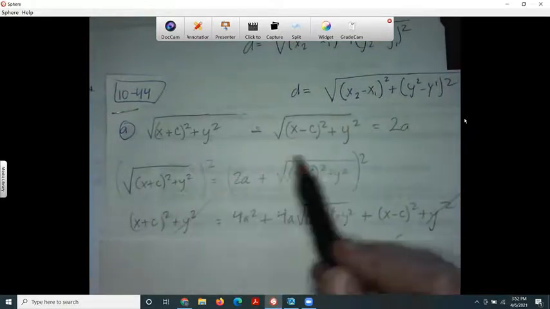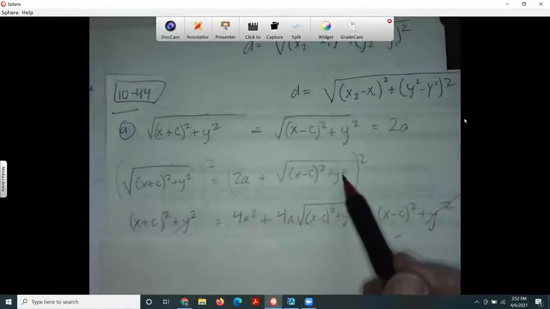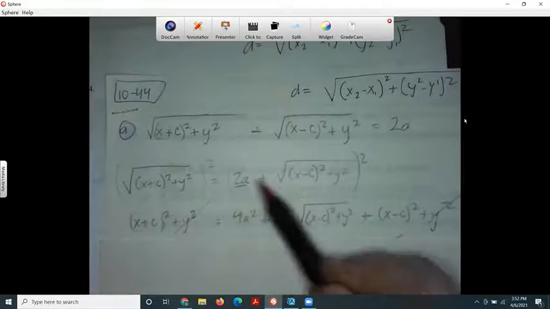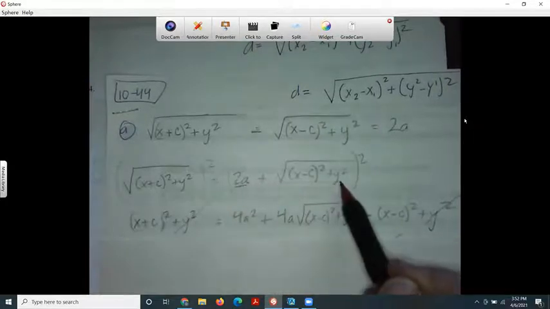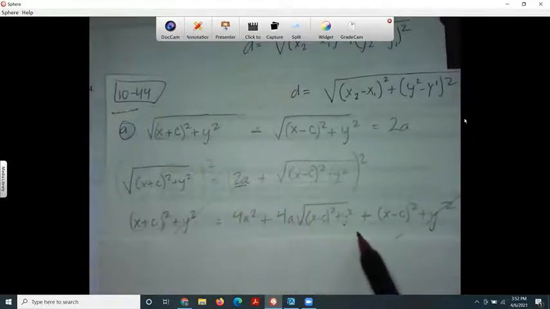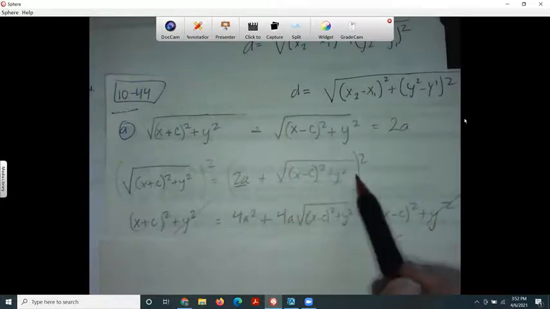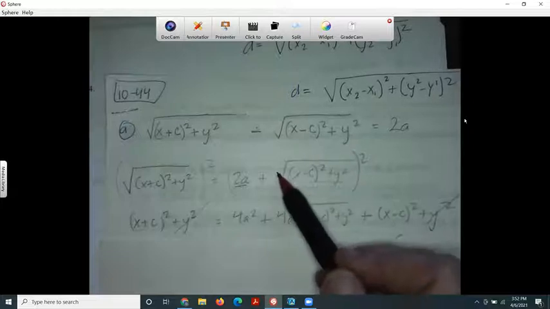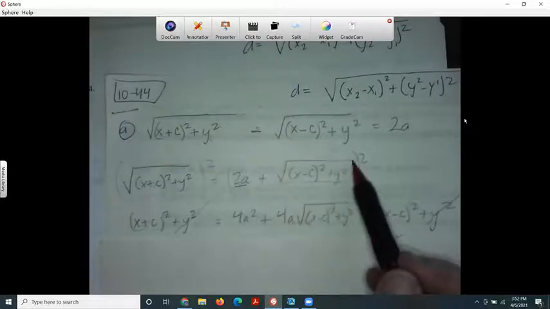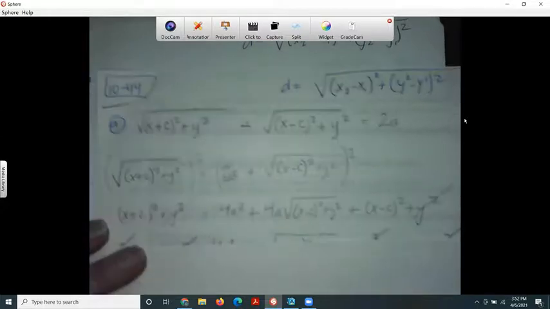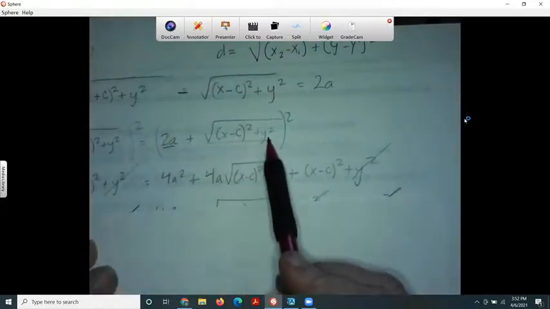And then when I square this, I'm squaring a binomial, so I take the first thing squared, and then the first thing times the second thing times 2, that's what this is, and then the second thing squared. Well, this second thing squared actually gets rid of this square root. So I'm just left with what's underneath.